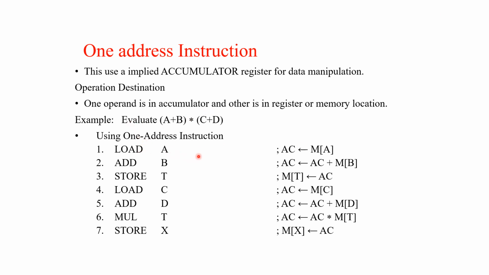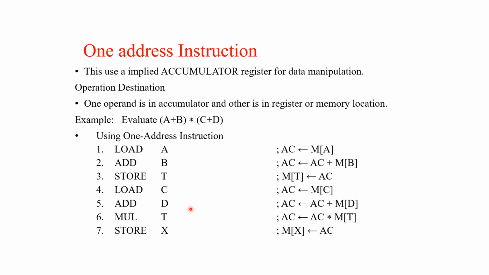Load A: load the value of A into the accumulator. Add B: add the value of B to the accumulator, resulting in AC equal to A plus B. Store T: store the result from the accumulator into memory location T. And next, load C: load the value of C into the accumulator.